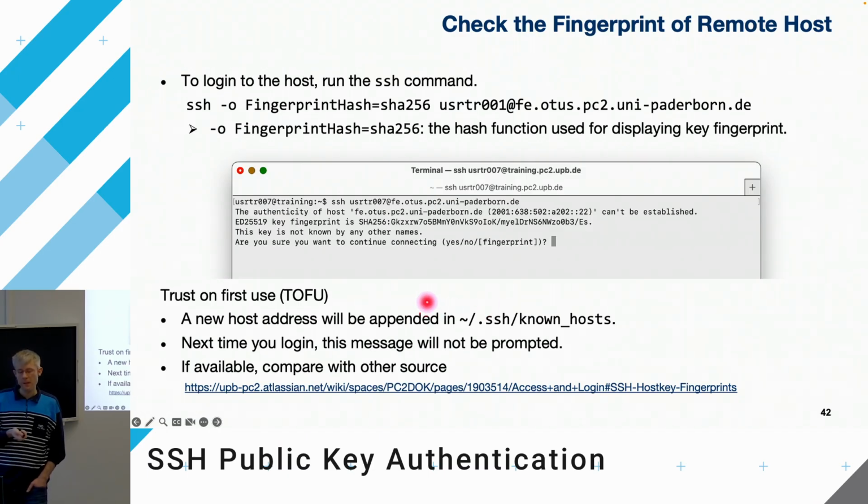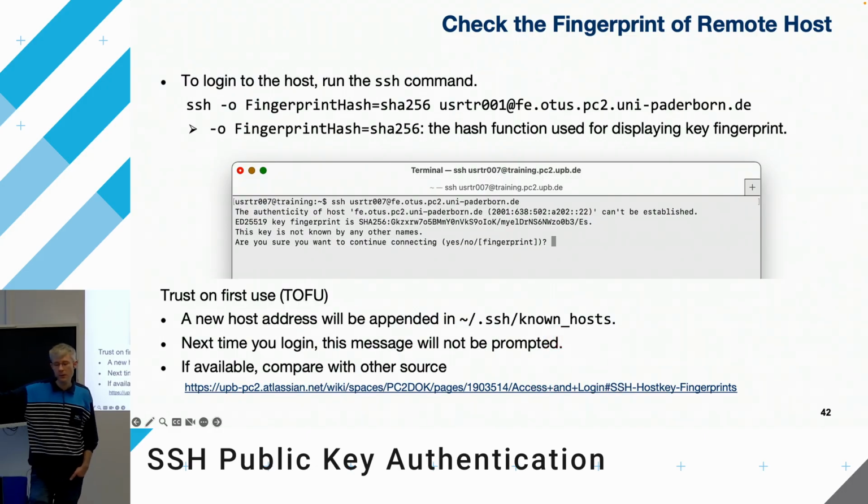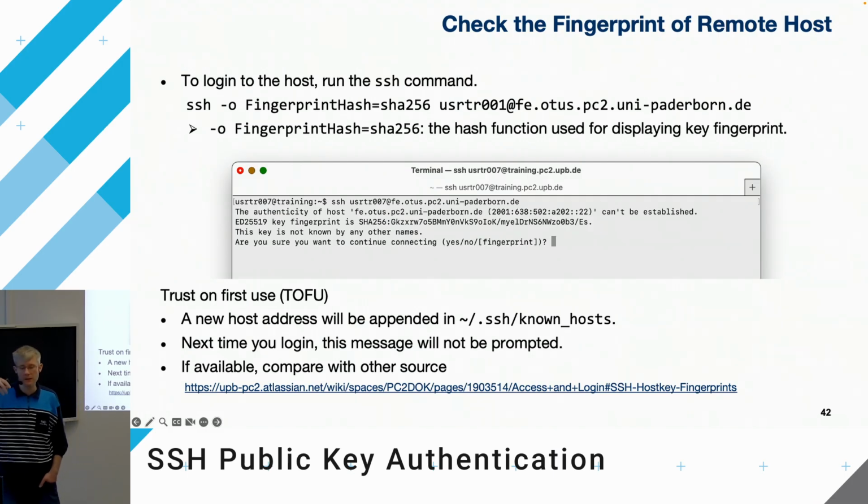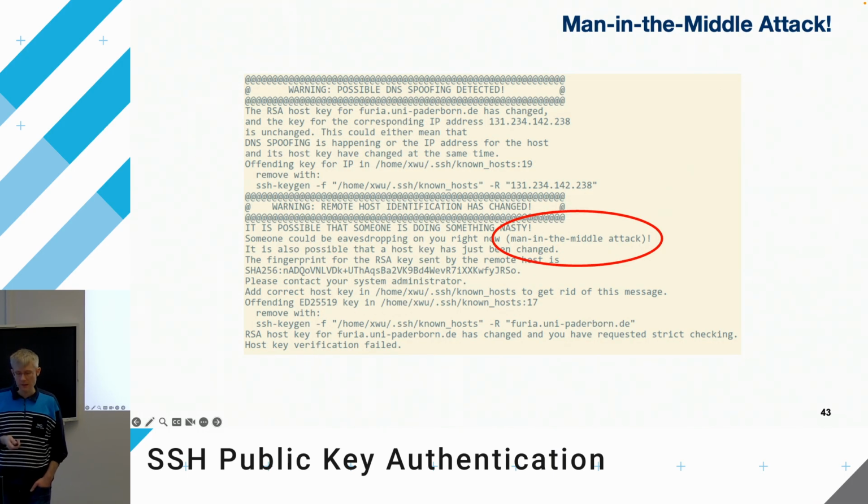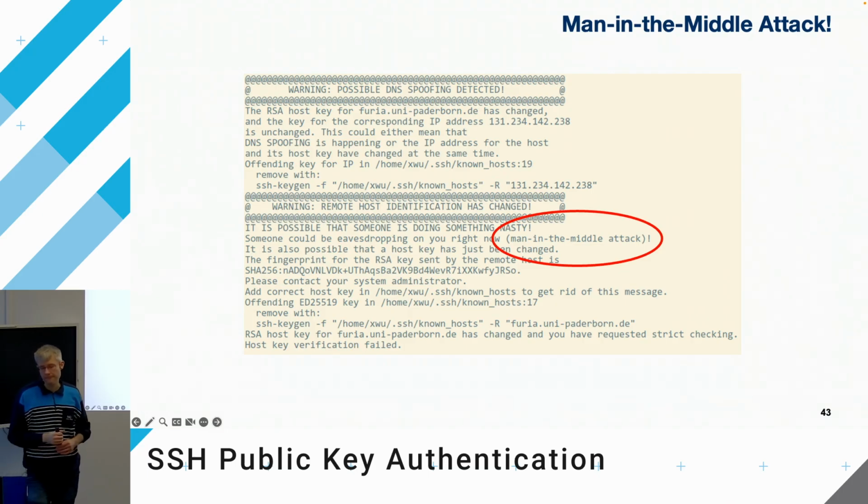And the other possibility is to check the fingerprint and compare it with a known list of fingerprints to make sure that it's the real host and not an attacker that sits in between. So this can happen, and then SSH will give us a message and say, okay, this could be a man-in-the-middle attack because someone is in the middle and exchanged this cryptographic material.